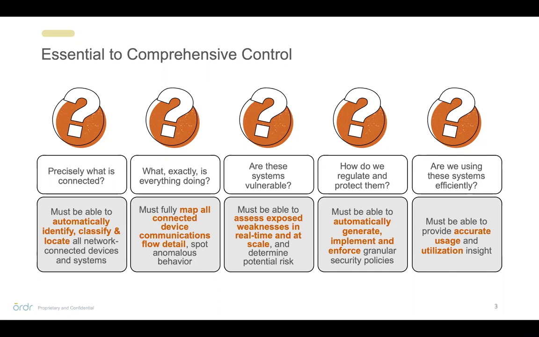On the first step, at this point in time, organizations having better insight into exactly what's connected into their environment that IT is operating is more crucial now than ever. And when we talk about insight into what's connected, it requires a level of precision into what the specific systems and devices are, ideally down to OS and patch level information, as well as serial number type information.